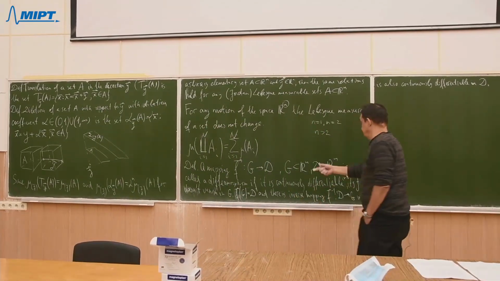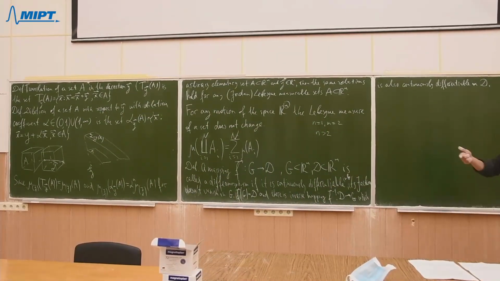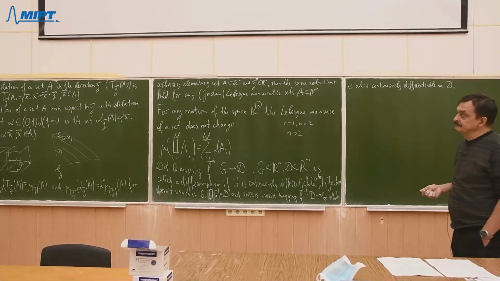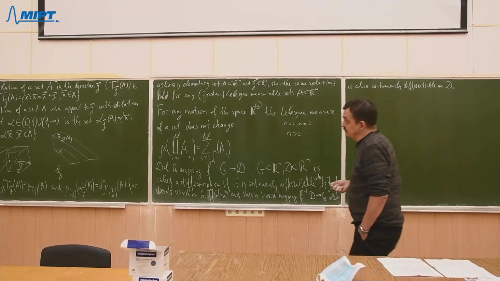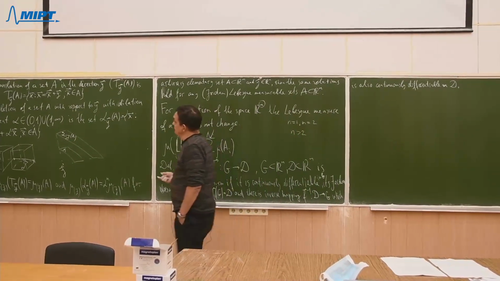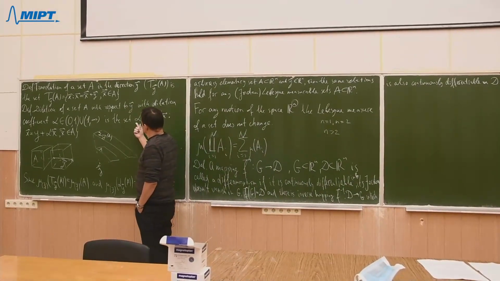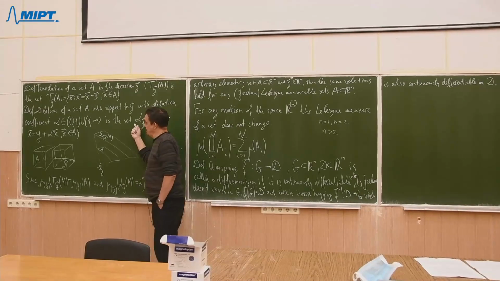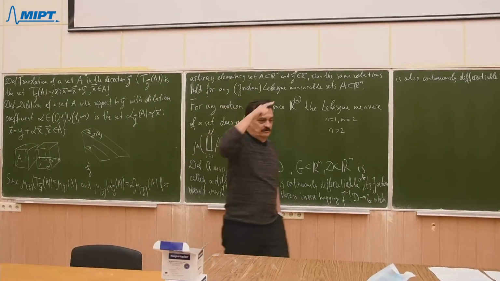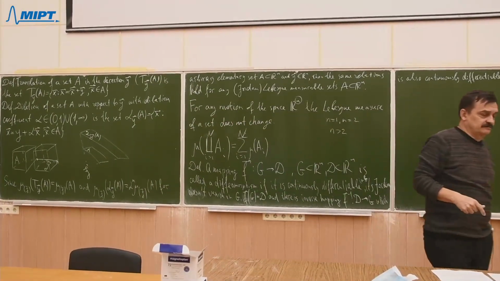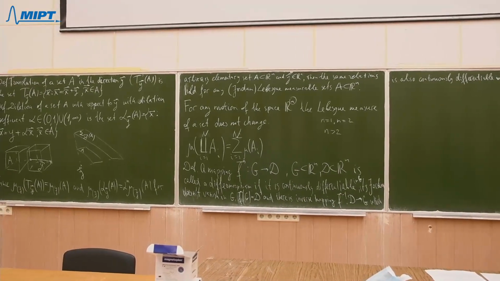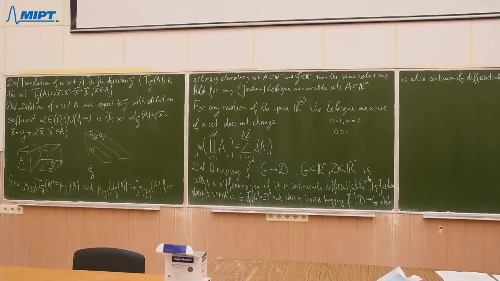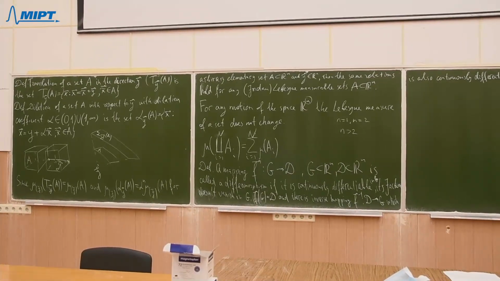And of course, the inverse mapping is also a translation. And a dilation has a diagonal Jacobian matrix with alphas on the main diagonal. So indeed, those are elementary examples of diffeomorphisms.